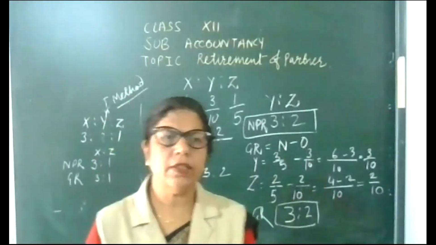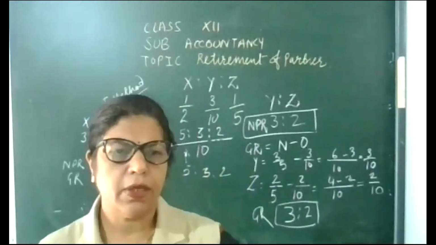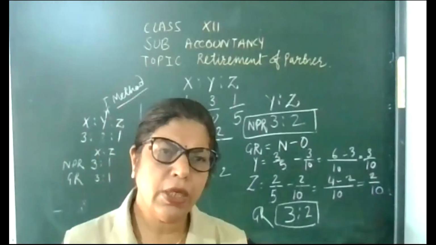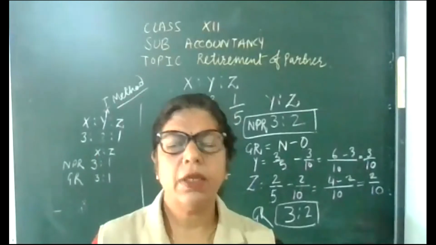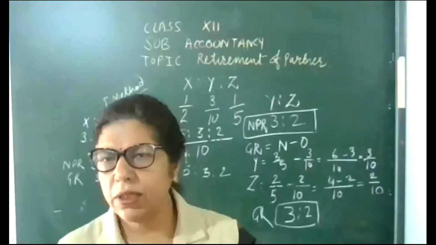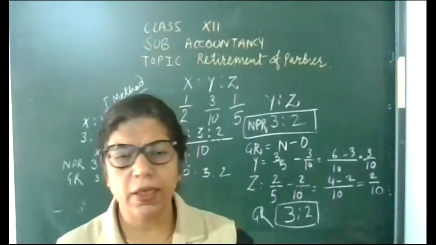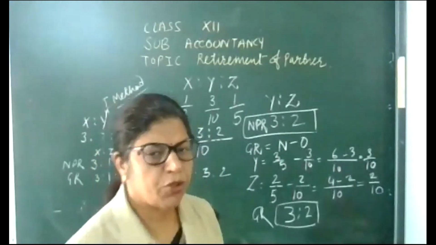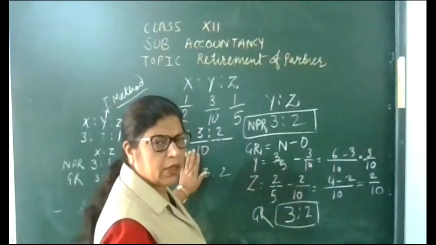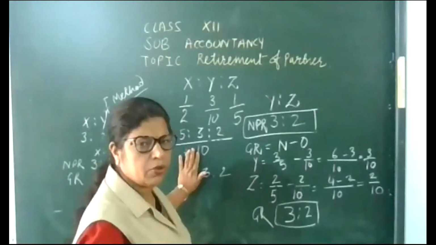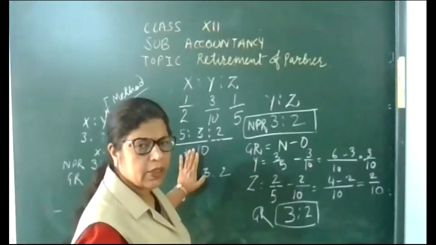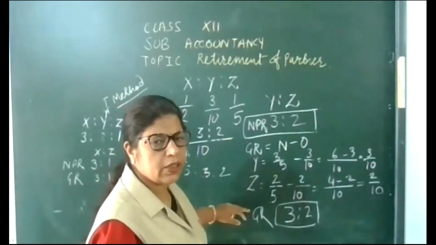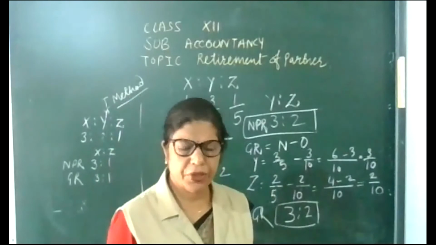So what is the conclusion of today's topic? This is the first method, when only the old partners' shares and the outgoing partner's name are given, nothing else. In that case, we remove the outgoing partner, and the old share will be the new ratio as well as the gaining ratio.